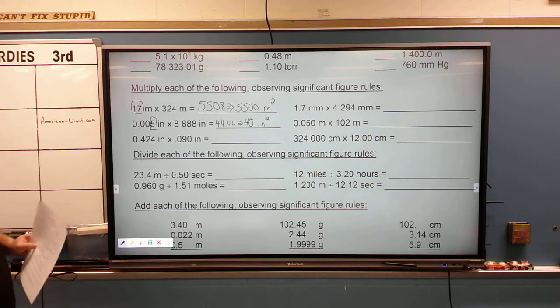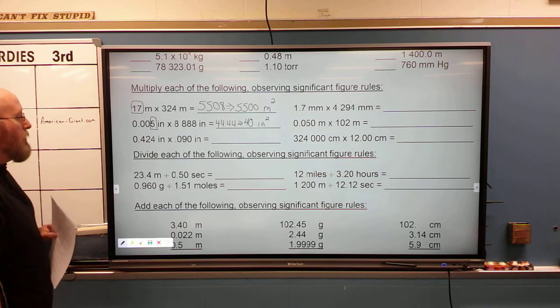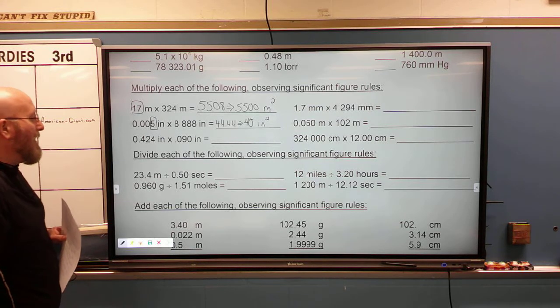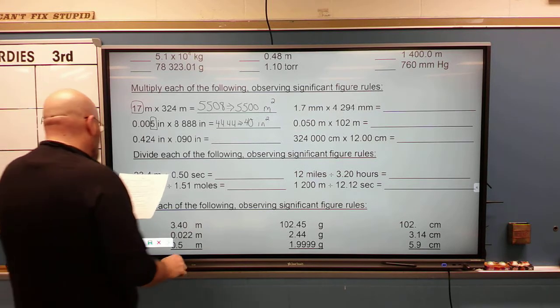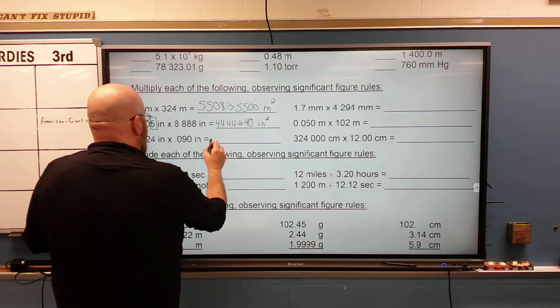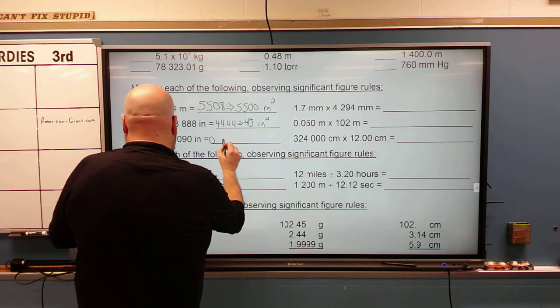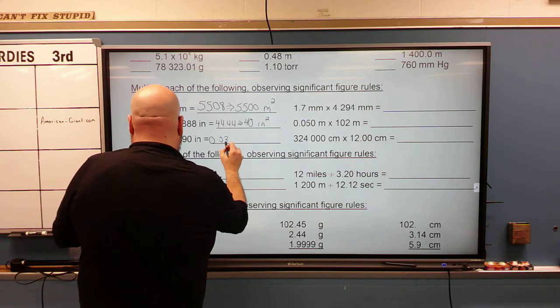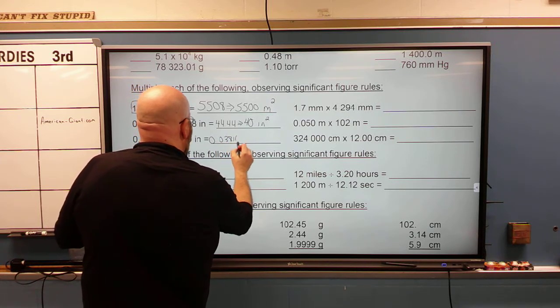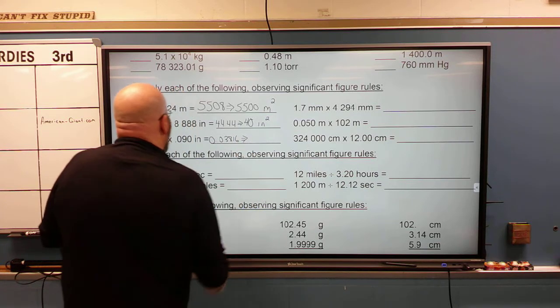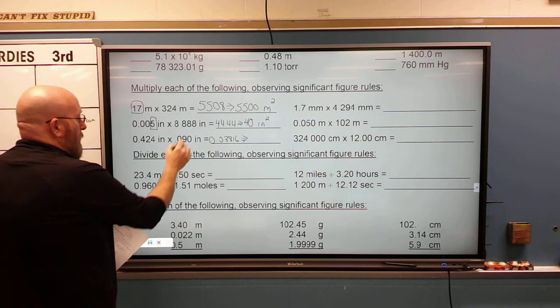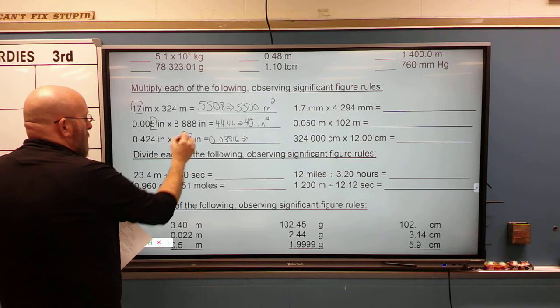The third one here, 0.424 inches times 0.090 inches. When you do the calculator on that one, you get 0.03816. But again, if you look, 3 sig figs, only 2 here.